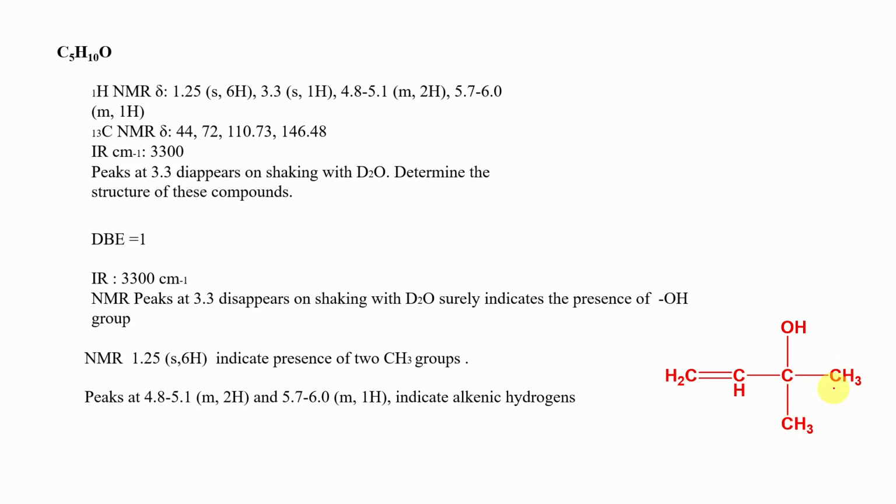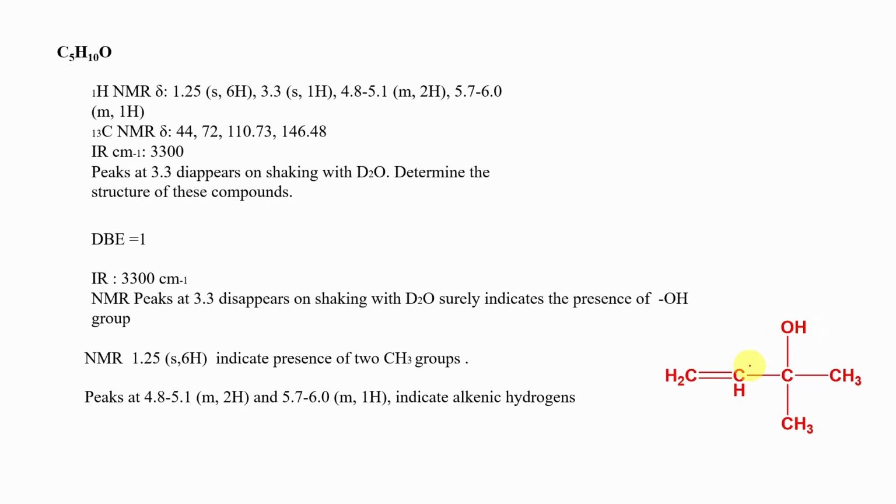That is why it gives 6 hydrogen. These CH3 groups give a 6 hydrogen singlet. Then see an OH group, the OH group of alcohol. It gives a 3300 cm⁻¹ IR value, and the peak in NMR disappears on shaking with D2O, deuterium oxide.